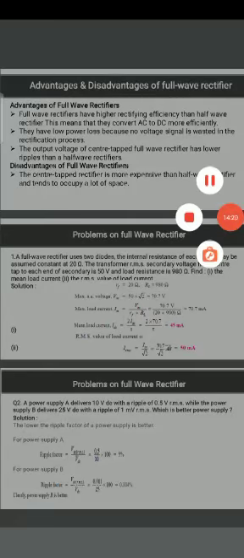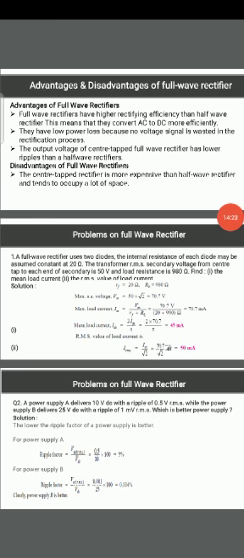And during the negative half cycle, the remaining 2 diodes are forward biased and the other 2 diodes are reverse biased. That's why the bridge type rectifier uses 4 diodes as compared to half wave rectifier. That's why this full wave rectifier occupies a lot of space as compared to half wave rectifiers, and is a little bit more expensive.